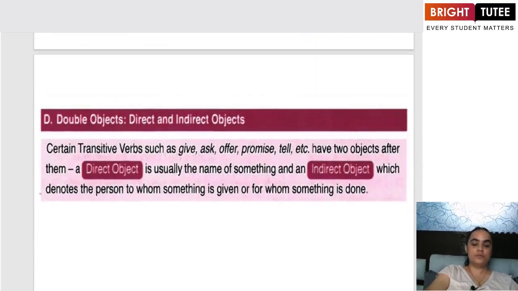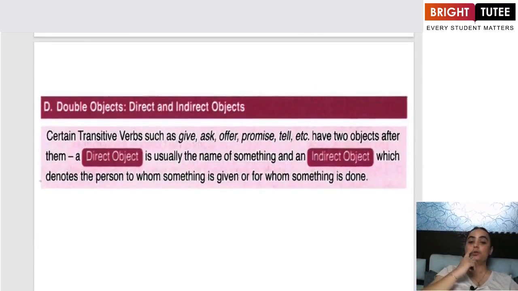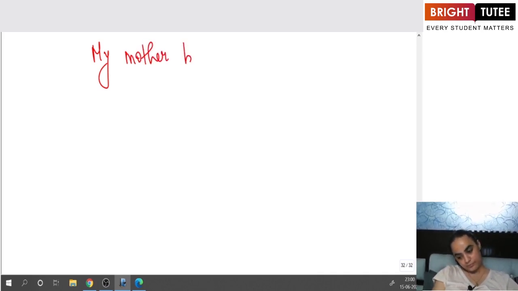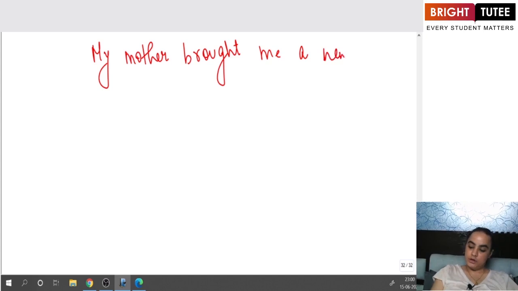There are a few sentences in which there are two objects. If I give you the example: My mother brought me a new pen.